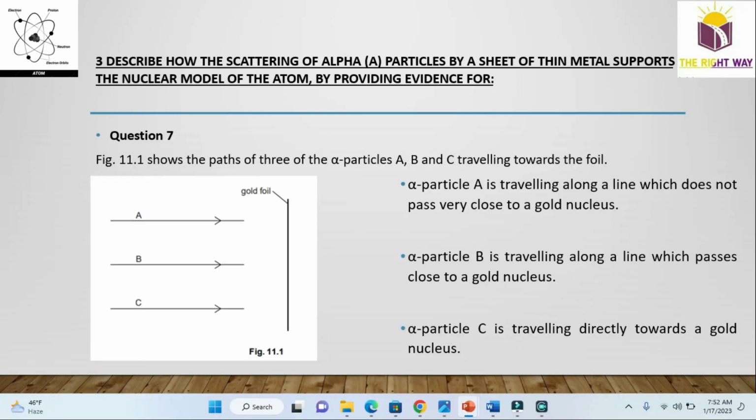Question number 7. Figure 11.1 shows the path of three of the alpha particles A, B and C traveling toward the foil. Alpha particle A is traveling along a line which does not pass very close to a gold nucleus. Alpha particle B is traveling along a line which passes close to the gold nucleus. Alpha particle C is traveling directly toward a gold nucleus.